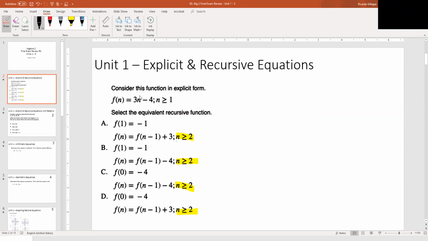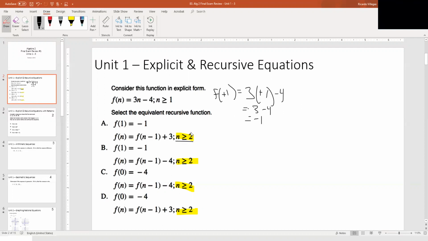So for example, f of 1 is equal to 3 times 1 minus 4. 3 times 1 is 3, and 3 minus 4 is equal to -1. That's how we ended up getting those answers here. And if I were to plug in a 0, 3 times 0 is 0, minus 4 will be -4. So we have to follow these restrictions: n has to be any number greater than or equal to 2.